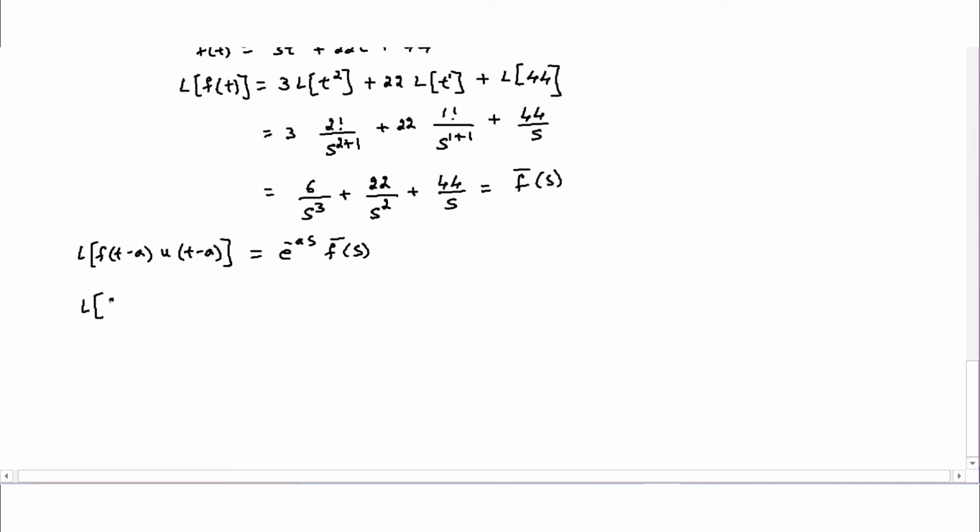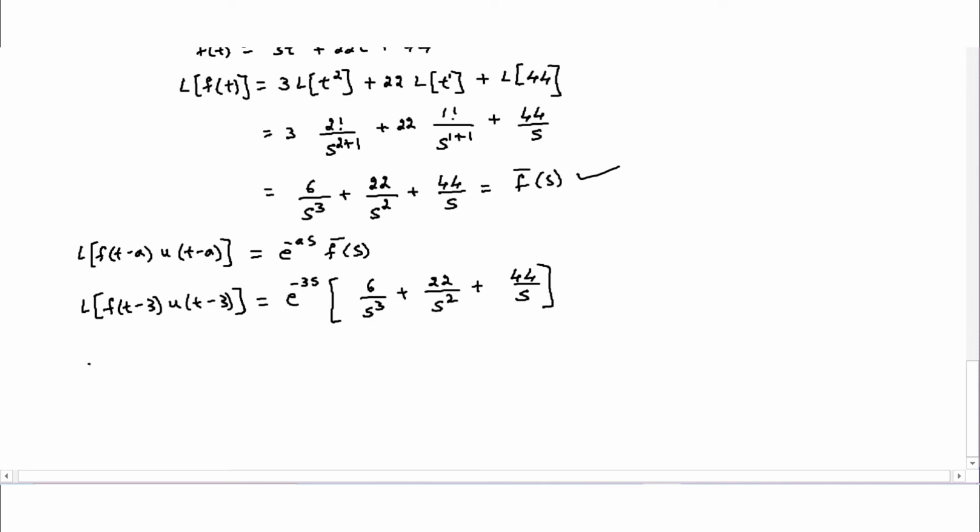So Laplace transform of f of t minus 3 into u of t minus 3 is equals to e power of minus 3s, and f bar of s is known from here. So it is 6 by s cube plus 22 by s square plus 44 by s.